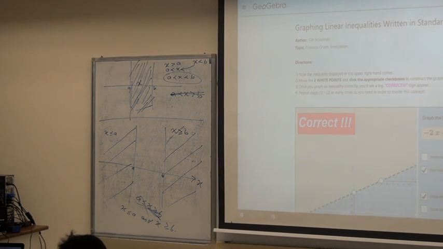X is negative 16, y is 1. It's not on the x-axis. You put it on the x-axis. This is your x-axis. This point is not on the x-axis. Where is the point? X is negative 16, y is 1. Oh, okay. Y is 1.